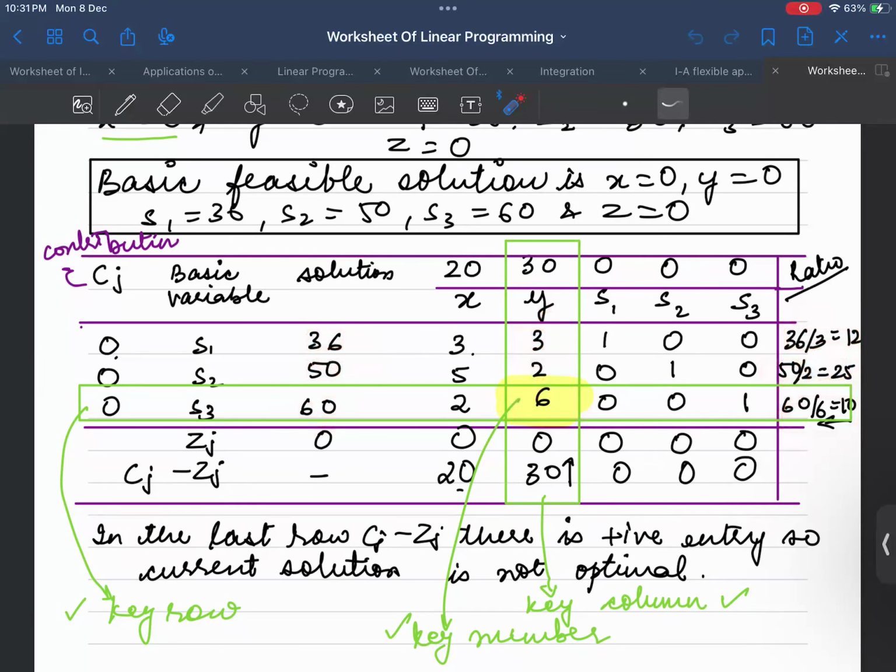In this way, we calculate the ratio. When we check the ratio, we check which one has the minimum value. Okay? We check for the minimum value.